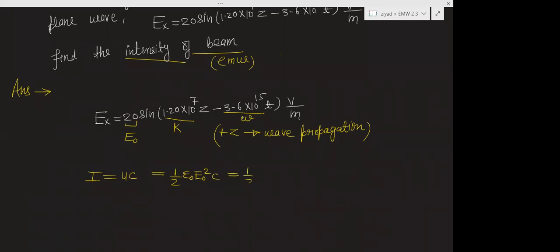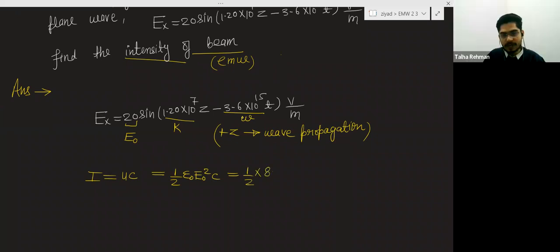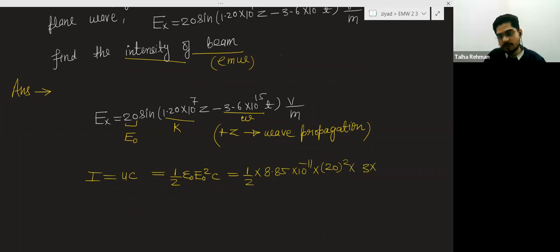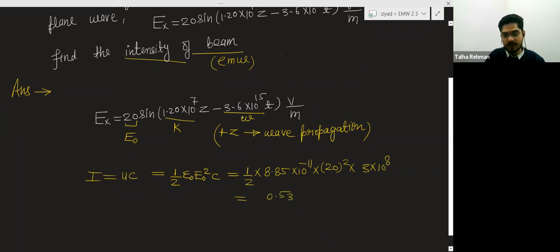Now you can solve. Half epsilon naught is 8.85 into 10 to the power minus 12, E naught square is 20 square, into speed of light is 3 into 10 to the power 8 meter per second. So finally you will get answer 0.53 joule per meter square per second. So this will be your answer.